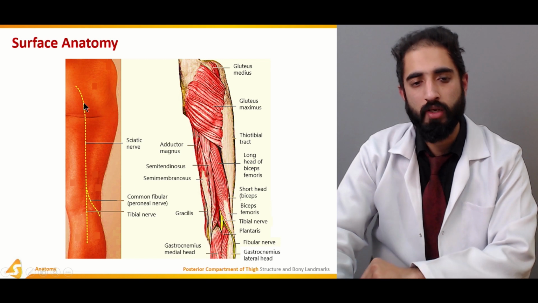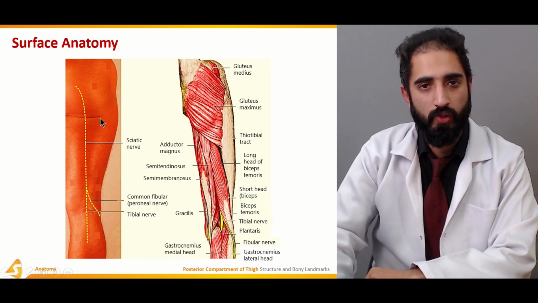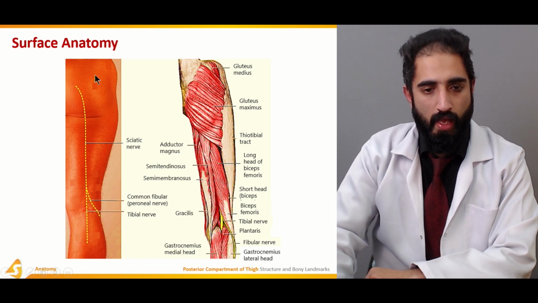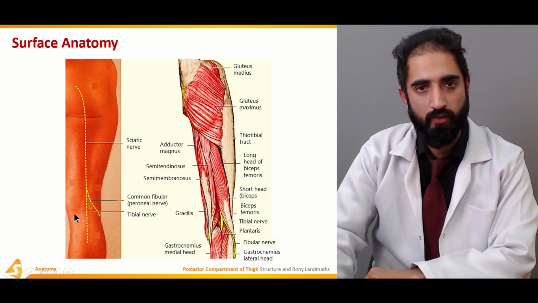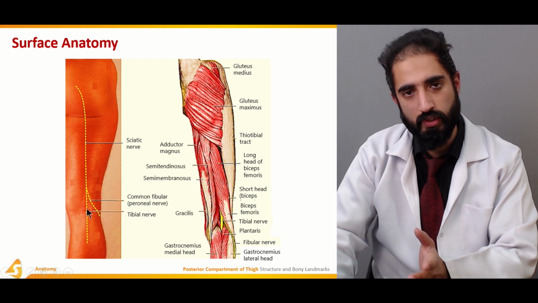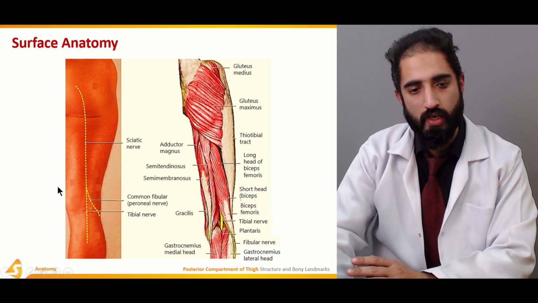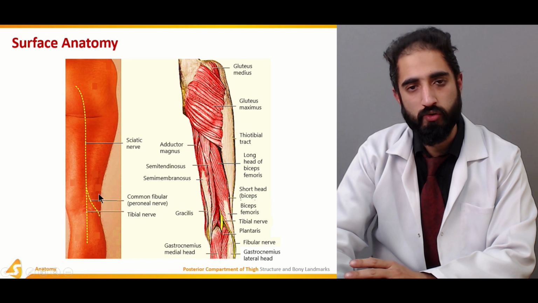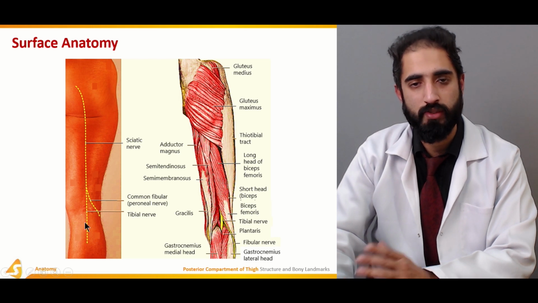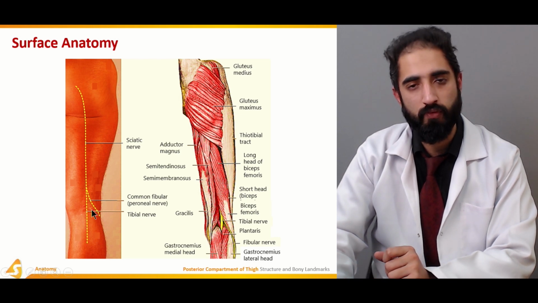So once again, moving on, this is the posterior gluteal fold, and here we have the popliteal region, where we have the semitendinosus, semimembranosus, and biceps femoris superiorly, and it is a diamond-shaped or quadrilateral-shaped area, and we have the two heads of the gastrocnemius and plantaris inferiorly.